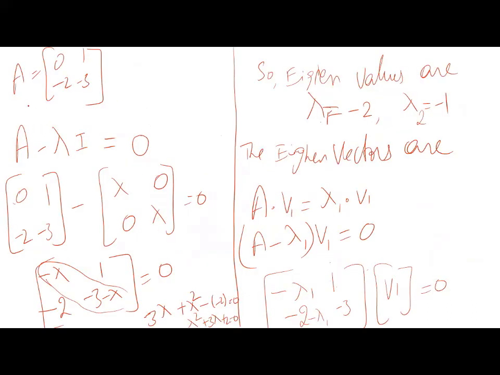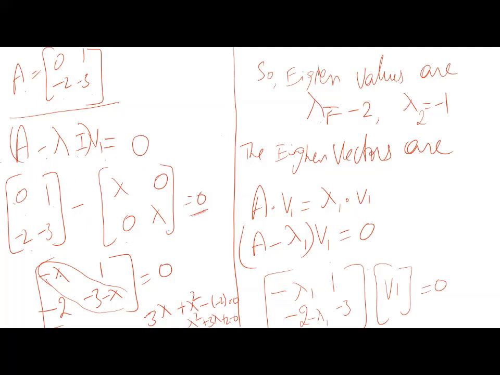For example, let us take a small problem. A is equal to [0 1; minus 2 minus 3]. A minus lambda I into V1 is equal to 0. So let us take [0 1; minus 2 minus 3] minus [lambda 0; 0 lambda] equal to 0.